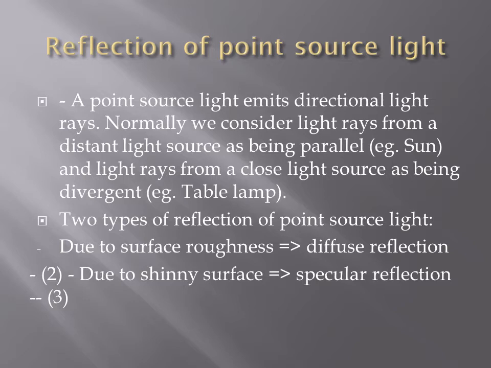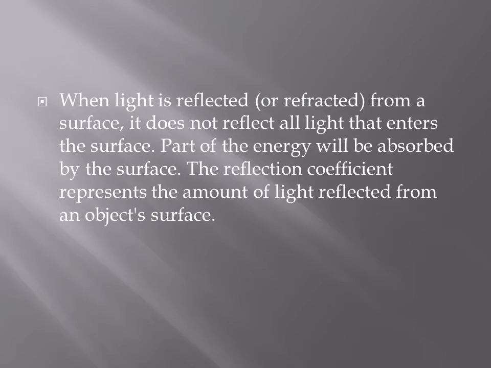A point source light emits directional light rays. Normally we consider light rays from a distant light source as being parallel and light rays from a close light source as being divergent. The two types of reflection of point source light are diffuse reflection and specular reflection.